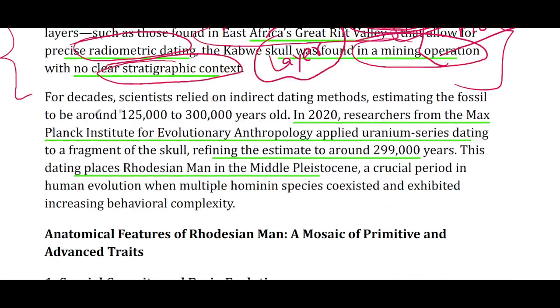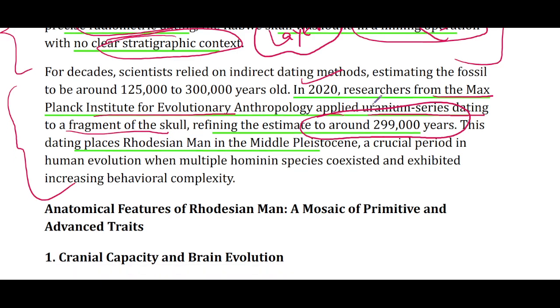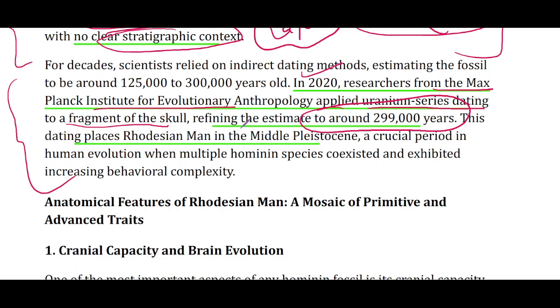so the original context was lost. But later, in 2020, researchers from the Max Planck Institute for Evolutionary Anthropology applied uranium series dating to a fragment of the skull, now refining the estimate to around 299,000 years. So this dating places Rhodesian man in the Middle Pleistocene.